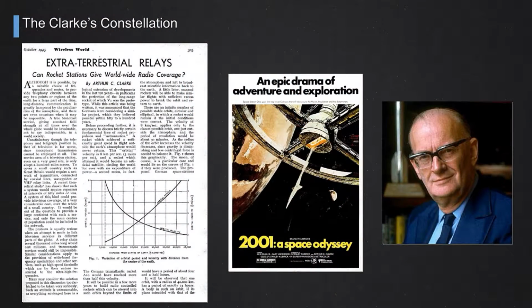Now, the geostationary orbit is a very important invention. It was never patented, and the inventor regretted not having patented this invention, and maybe not many people remember that the geostationary orbit was actually invented by Arthur Clarke. Arthur Clarke is a famous science fiction writer.